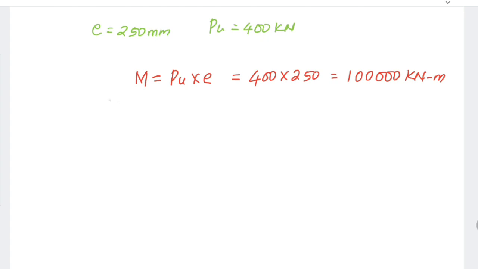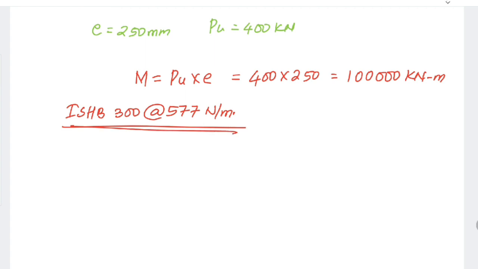Apart from that, I'll write the data. First, ISHB 300 at 577 Newton per meter. This is the section which we used, and its flange thickness Tf is equal to 10.6 mm.